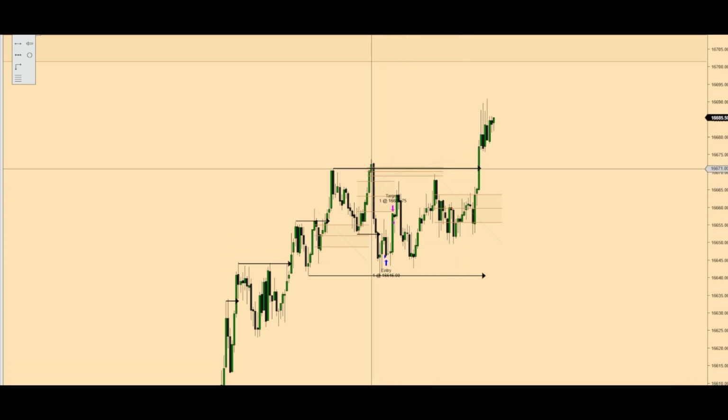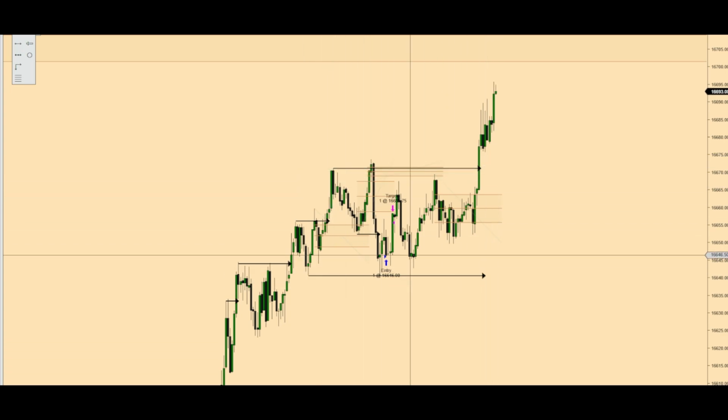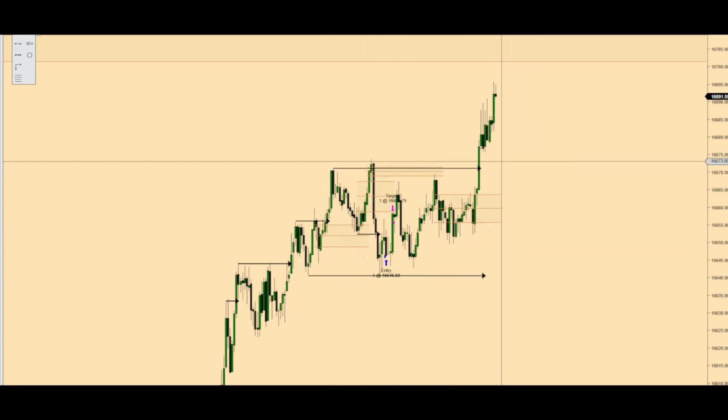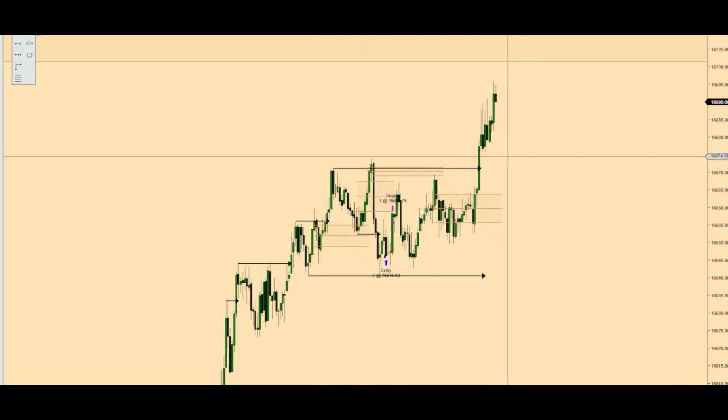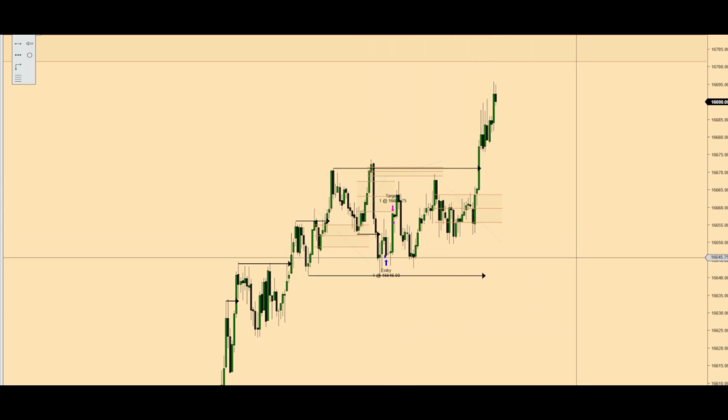And so even though this was a 1-minute candle closure on a hard time frame, it's a wick. So now I'm looking to trade this higher time frame range. Let's see.